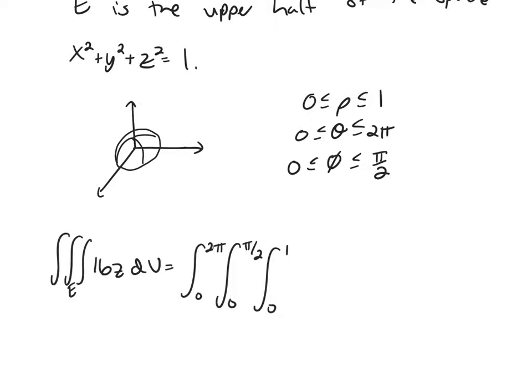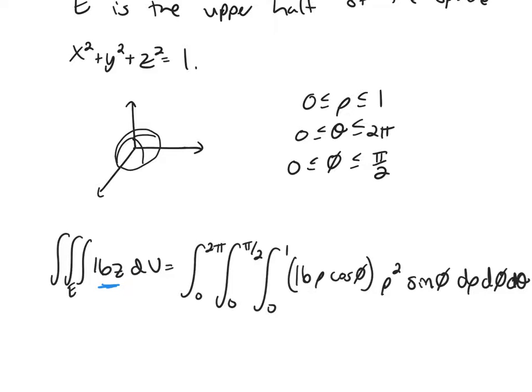So we have to convert 16z. This would be 16 rho cosine phi. And remember, because we're using spherical coordinates, we get an extra rho squared sine phi, d rho, d phi, d theta.